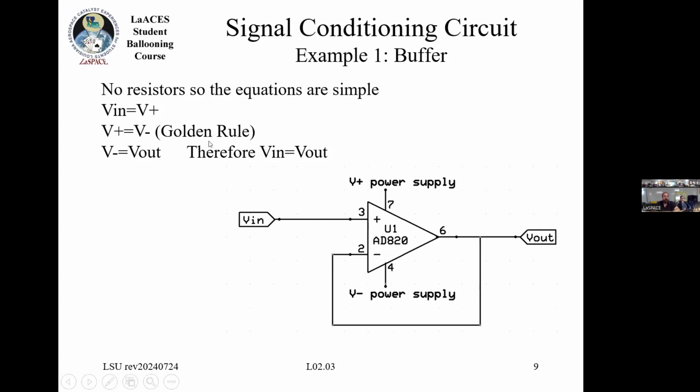So by the golden rule, V plus equals V minus, right? But that means V minus equals V in, because there's nothing connected in between these. And then since the output is directly connected to V minus, that means V out is equal to V minus. And through those three equations, you get V in equals V out, right?